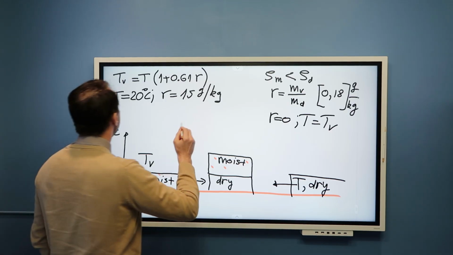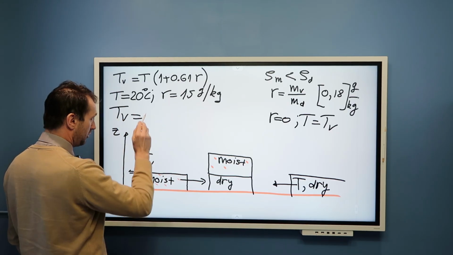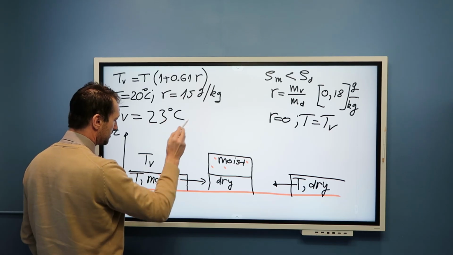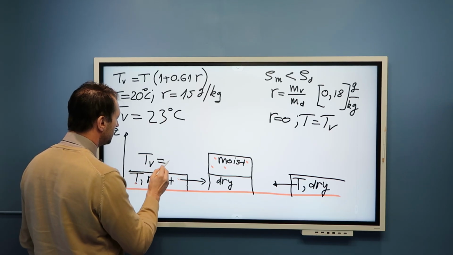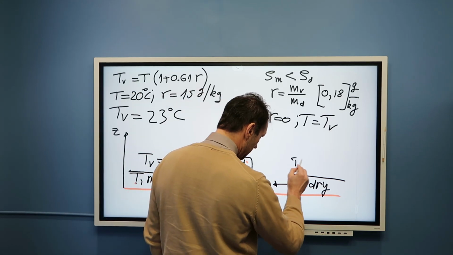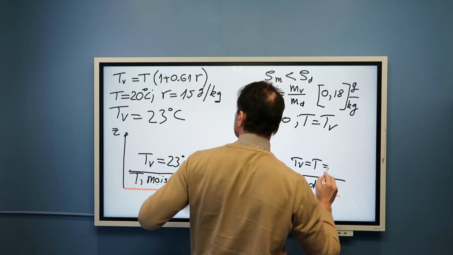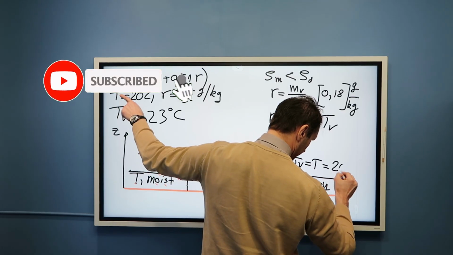Plug in here and you will get that the virtual temperature for this parcel of air is 23 degrees Celsius. So TV is equal to 23 degrees Celsius. Here TV is equal to T, because it's dry, equals 20 degrees Celsius.